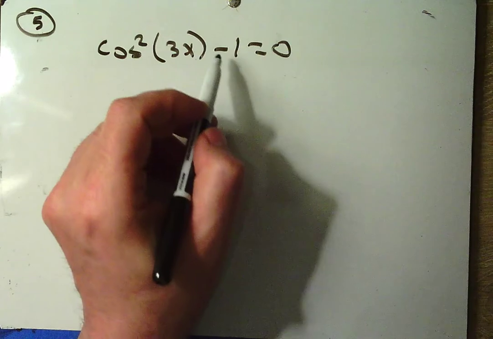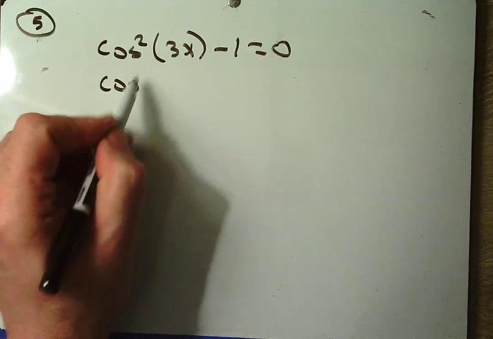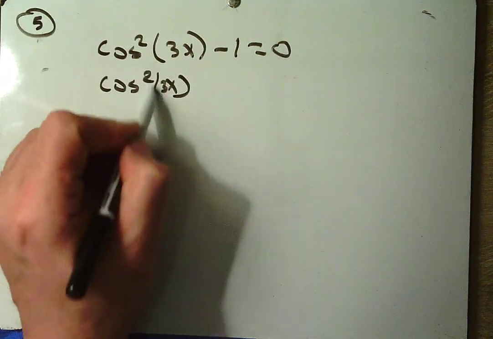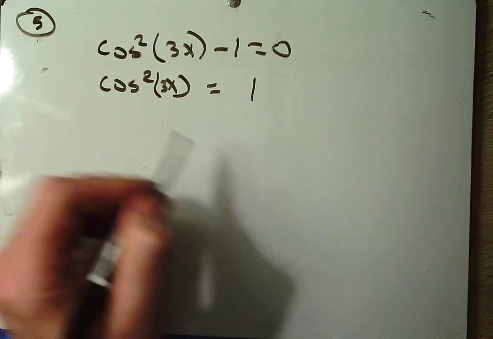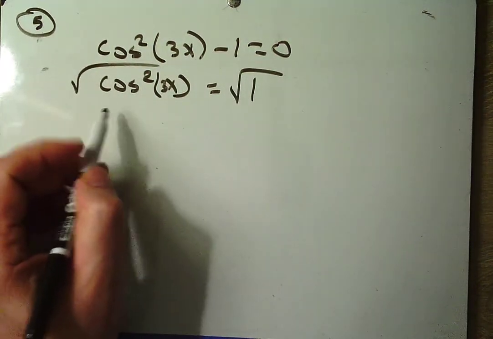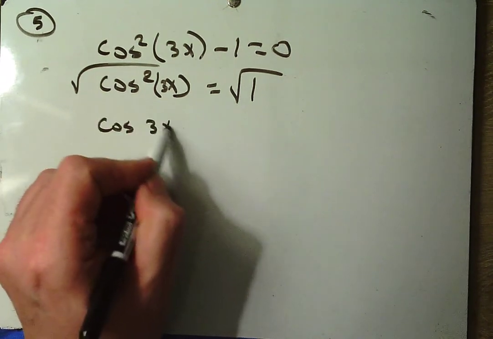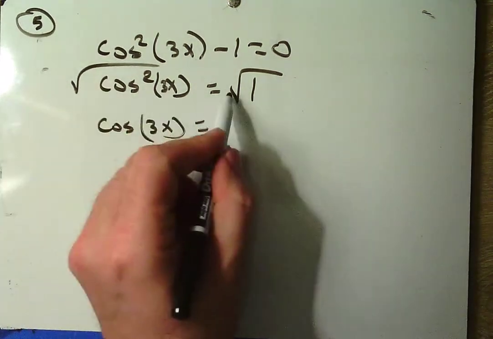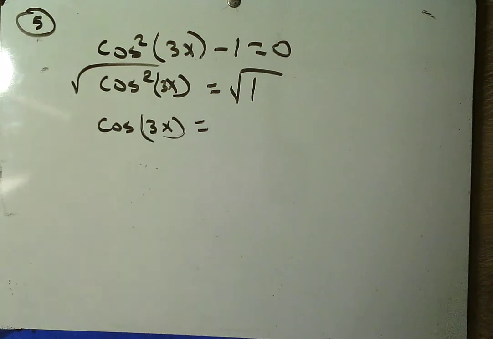Okay, so I add 1, I get cosine squared 3x equals 1. I take the square root of both sides. I get cosine 3x equals, remember you took the square root of both sides, so you need a plus and minus over there.